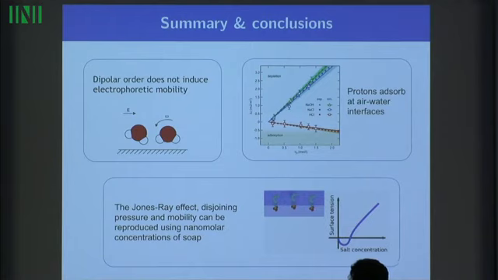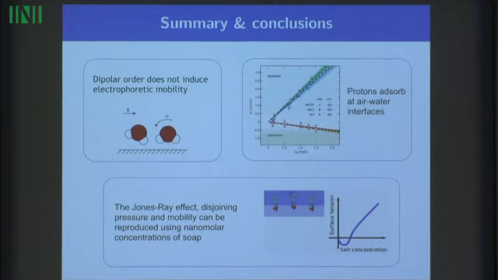So with that, I will briefly show you my summary. Dipolar order does not induce any electrostatic mobility, no matter who claims otherwise. Protons do adsorb at the air-water interface, because that is shown in the experiments already. It's very, very hard to explain the vast set of experimental data that people have measured over the past century without assuming adsorption of protons.